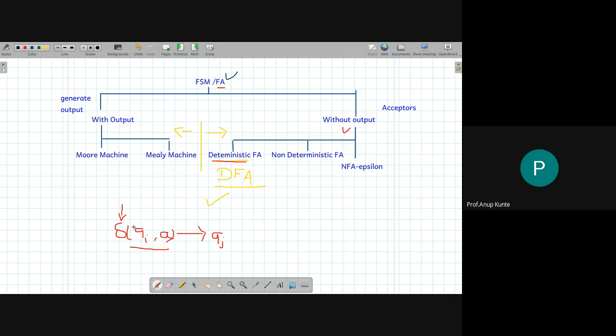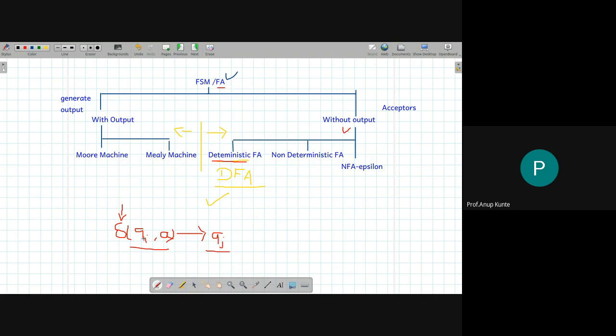First input is the current state, second input is the current input symbol that the tape head is reading. Now based on these two inputs, if I can without any doubt say what my next state will be, and it is exactly one state, then we say that our device is deterministic, because we can determine the behavior of the device.